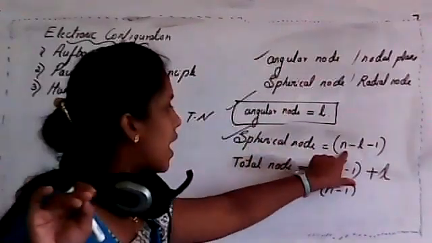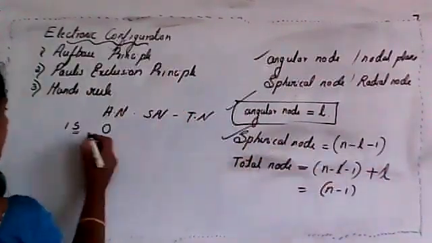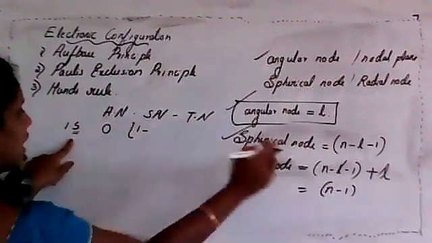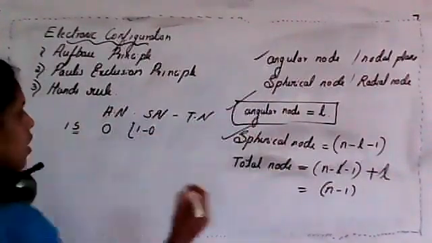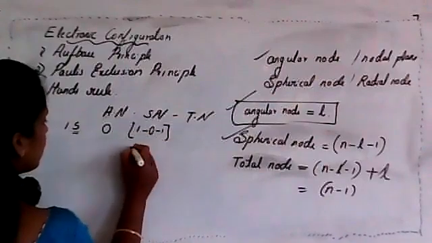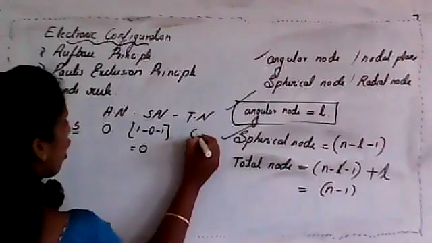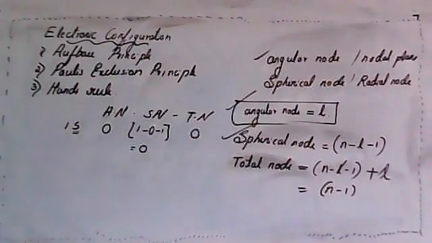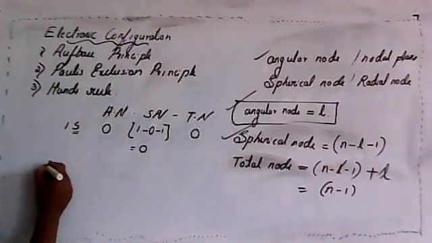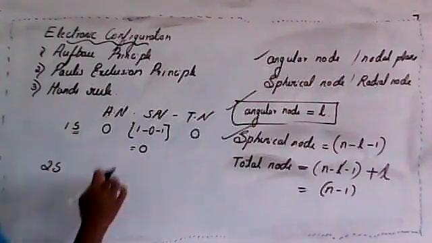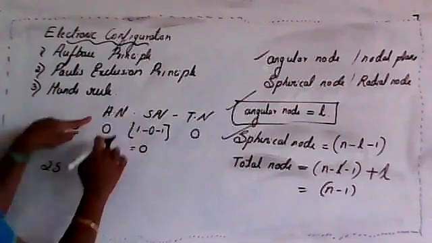Spherical node equals n minus L minus 1. What is n here? 1. 1 minus 0 minus 1, that equals 0 itself. What is the total number of nodes? That is 0, isn't it? If I consider 2s orbital, what is this?